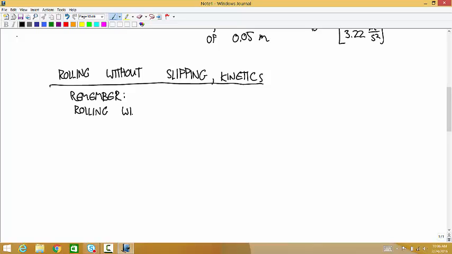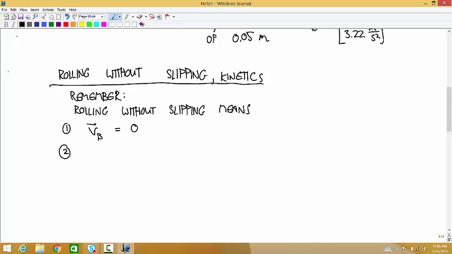So rolling without slipping means, give me one of them. So the closest one to that is that the velocity at the bottom point is equal to 0. So at that point that's in contact, instantaneously there's no difference in velocity between the ground and the point.